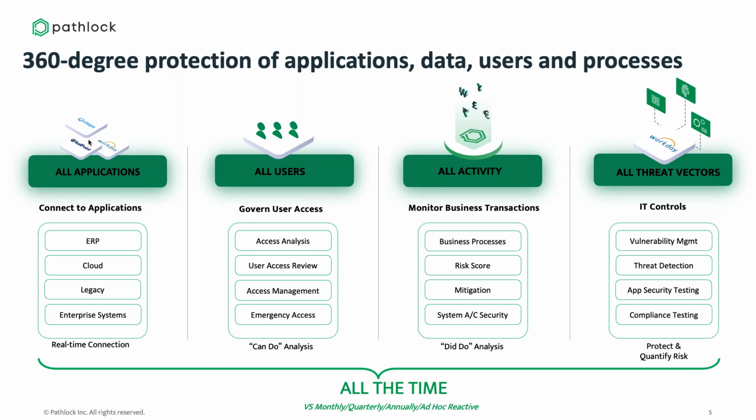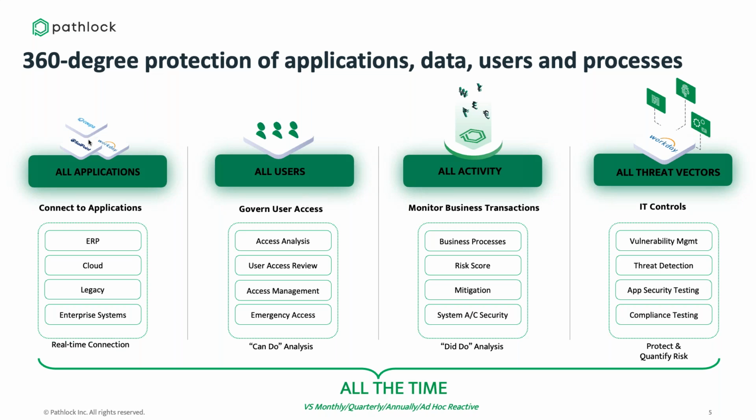We've got very detailed automated workflows and processes around governing those user access points. The real difference, though, and the differentiator is the did-do analysis, that next one, all the activity. That's really where we're able to monitor those business transactions and give you that understanding of what's happening inside of your business processes. Do you need to put any sort of mitigation into effect?